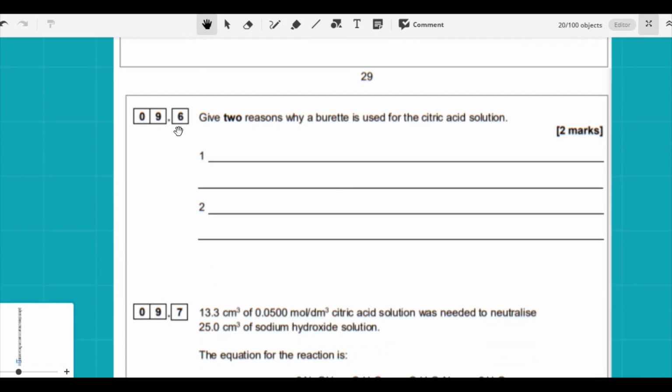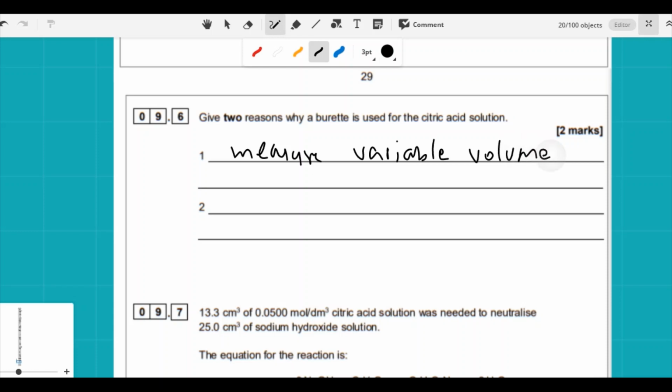So here is the next question, 9.6. Give two reasons why a burette is used for the citric acid solution. We can say, first, that it can measure variable volumes.